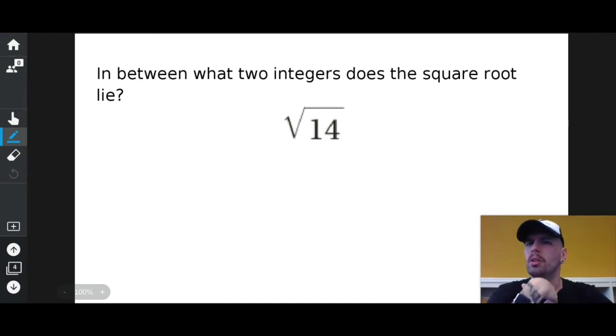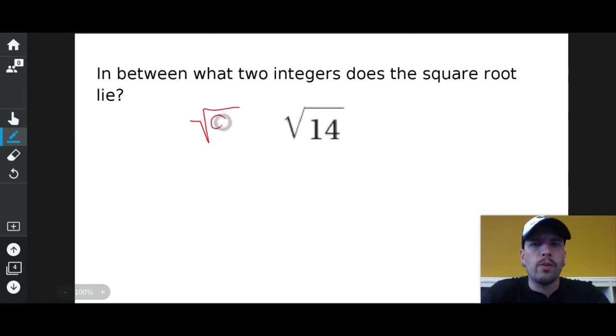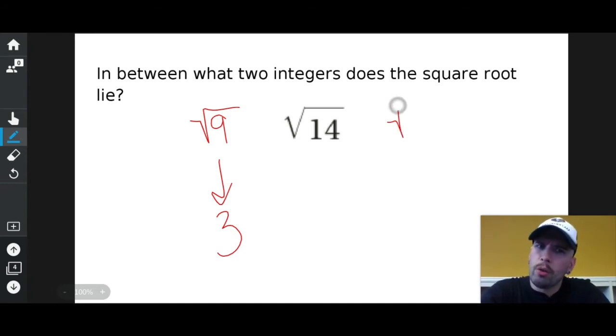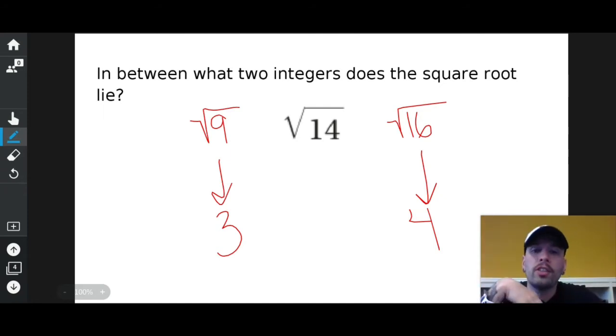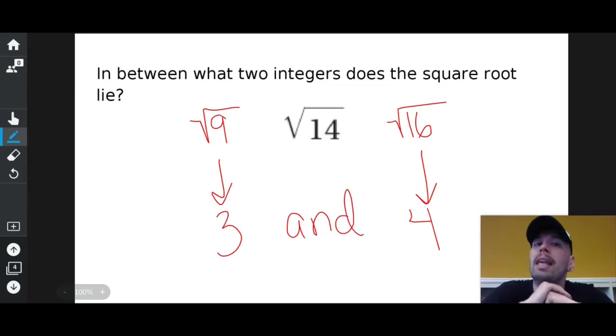I do know that the square root of 9 is 3, and the square root of 16 is 4. Which leads me to think that the square root of 14 has got to be in between the square root of 9 and the square root of 16, which means my answer is going to be in between 3 and 4.